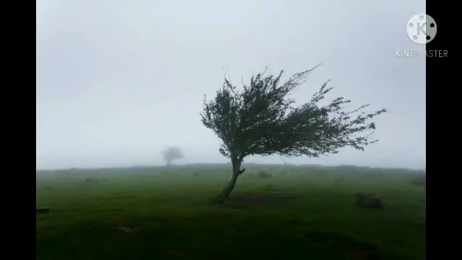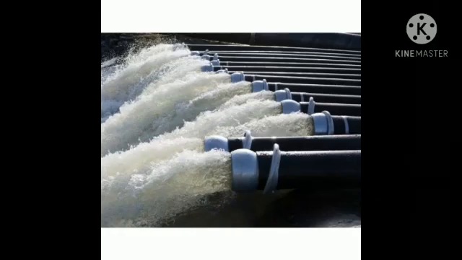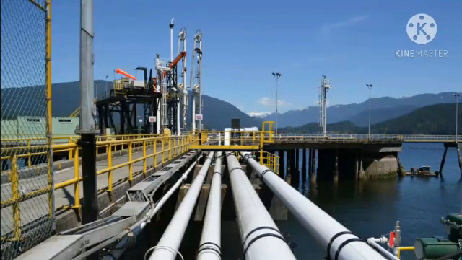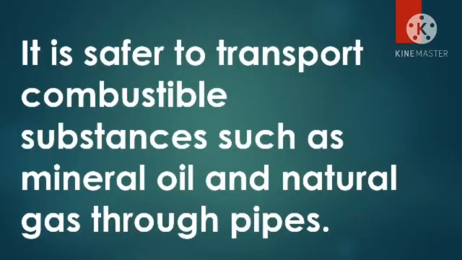Water and gas are substances that flow. Pipes are used to transport these substances. Water has been transported through pipes or canals since ancient times. It is safer to transport combustible substances such as mineral oil and natural gas through pipes.